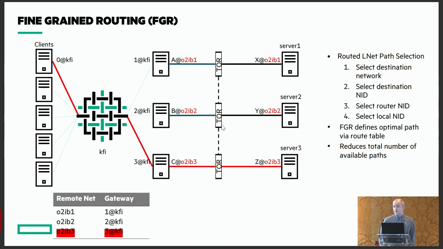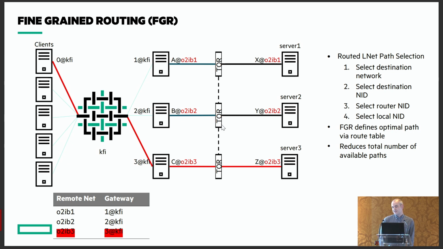So in fine-grained routing, we define optimal paths through the network by splitting up the servers into multiple groups, separate LNets, and then we define the optimal paths via the route table, right? So in this case, when the client is sending a message to server 3, there's only one available route, which is the optimal path through the network.